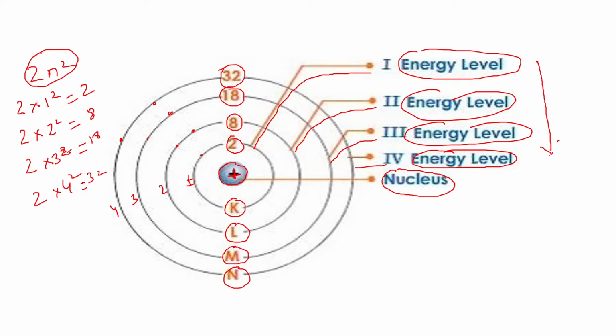The magnitude of the energy will increase from lower to higher level. That means the energy level of the first orbit is lesser than that of the second orbit, the energy level of the second orbit is lesser than that of the third orbit, and the energy level of the third orbit will be lesser than that of the fourth orbit. That means the outermost orbit will have the higher energy level.